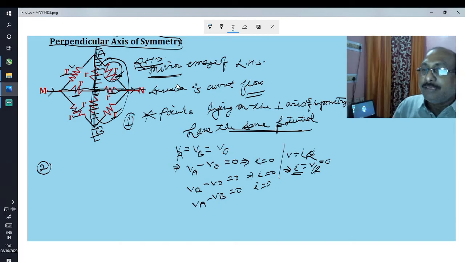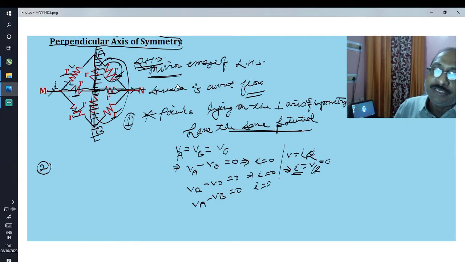When we consider this assumption, in that situation, if we suppose current I is entering at the point I and it is being divided into three parts, I1, I2, I3.